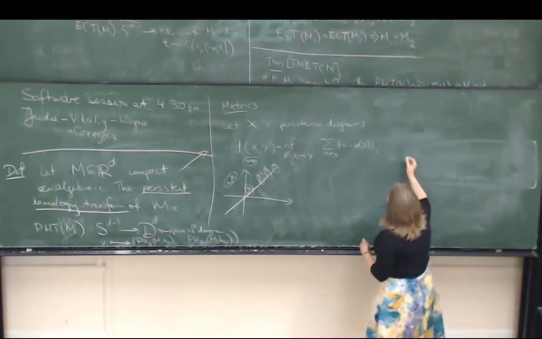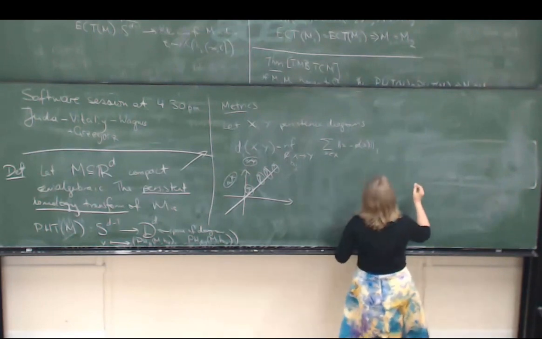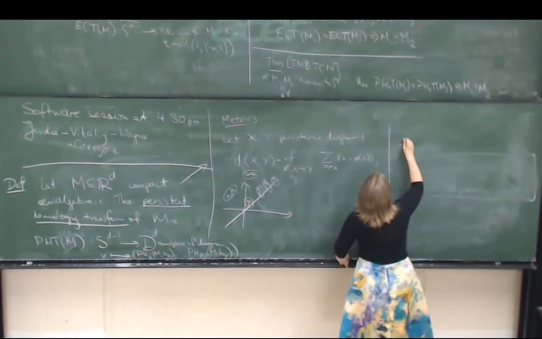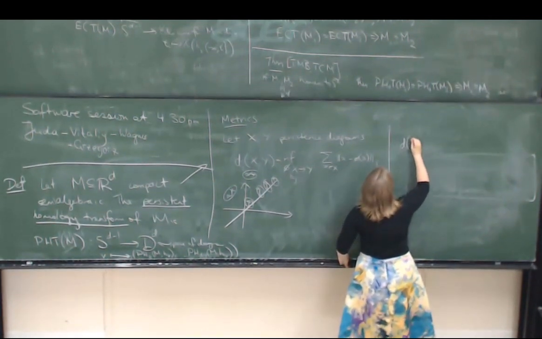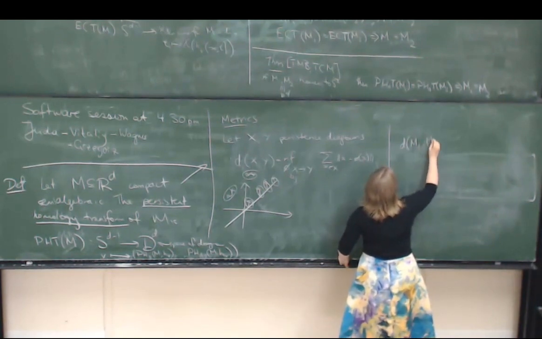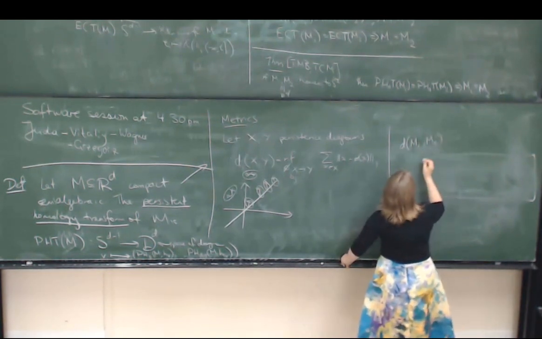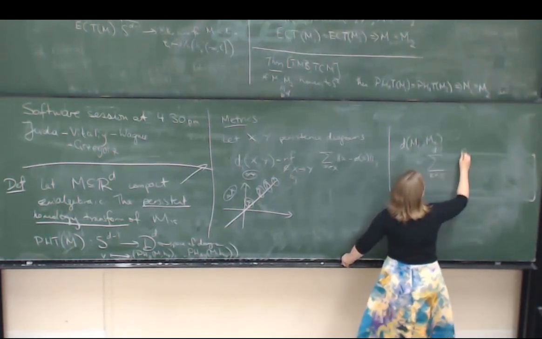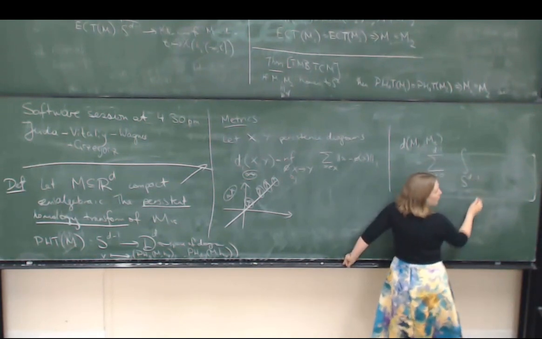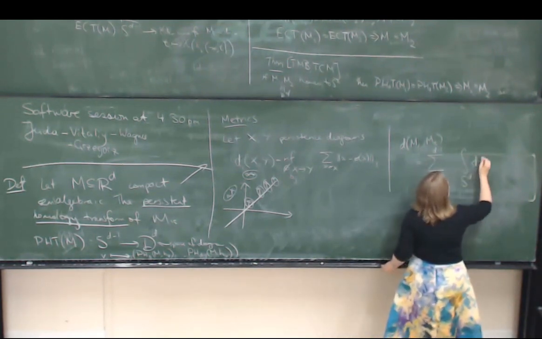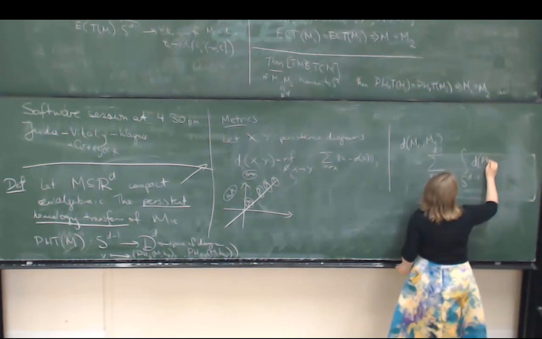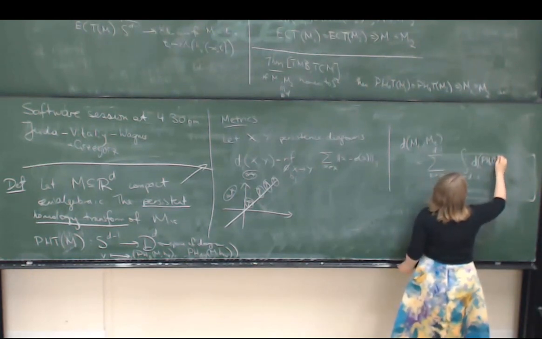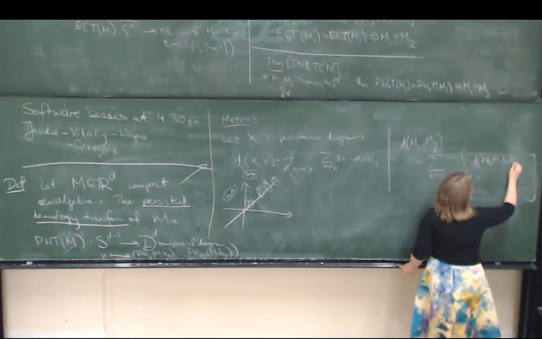So I will push this forward through, so I'll make my distance from one shape to another shape to be sum over dimensions, integral over directions, and then I do my distances between the appropriate diagrams.